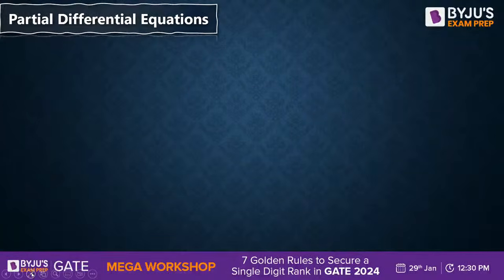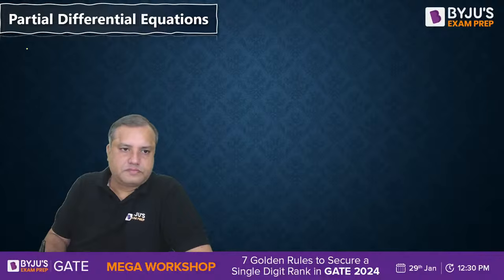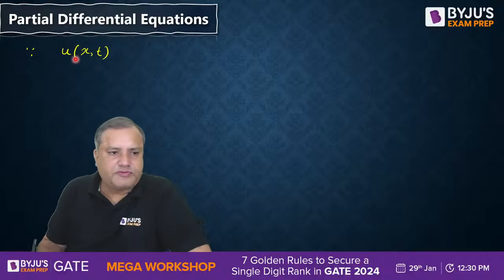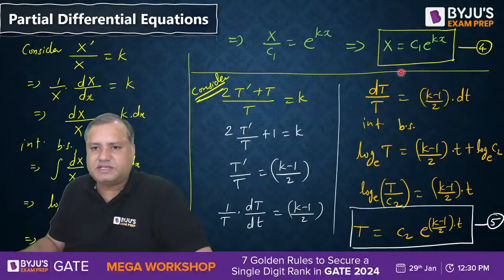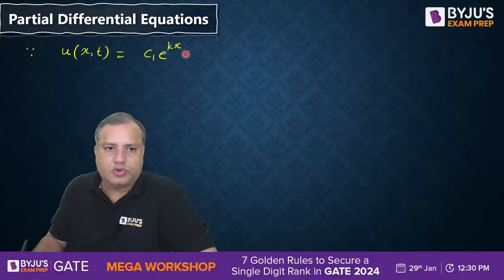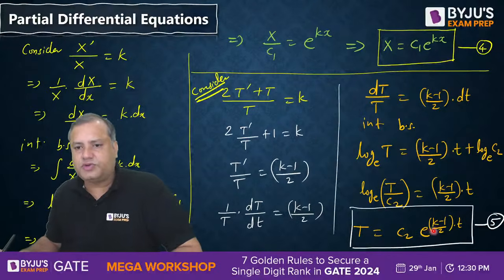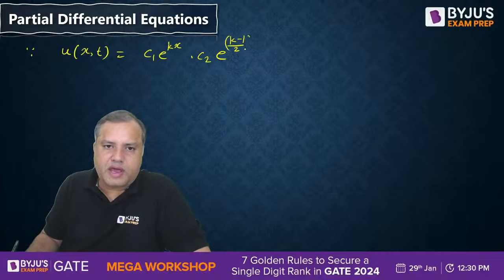Now see here, u is nothing but the function of small x and small t, which is capital X into capital T. Capital X is c1 e raised to kx, into capital T. Capital T is c2 e raised to k minus 1 by 2 into t.